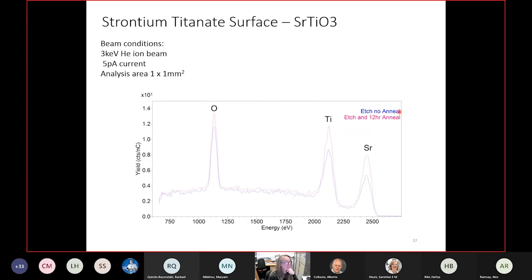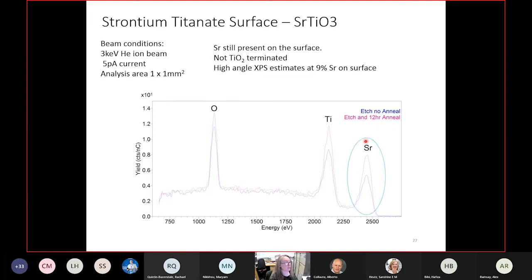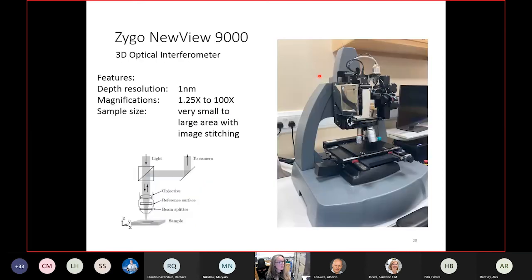So etching and no anneal, we've got STO, no TiO2 termination. Even after the experimental work, we're still seeing the strontium visible on the surface. So this is really quick to identify that, and in correlation with high angle XPS, we can put what the content is of that strontium on the surface.